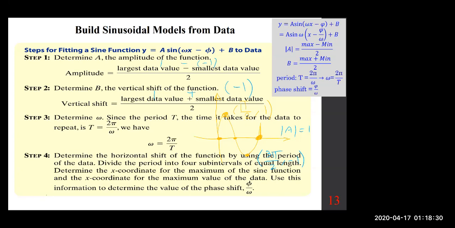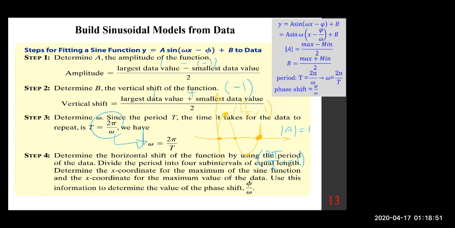Determining the omega, since the period, remember, T is 2 pi over omega. Everybody remembers that? Okay. So omega must be 2 pi divided by T. As long as you have the period, you can find omega, which is 2 pi divided by T. And by the way, how do you find the period?